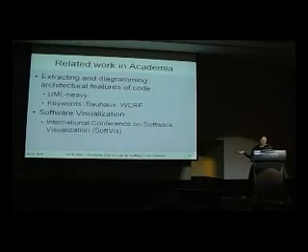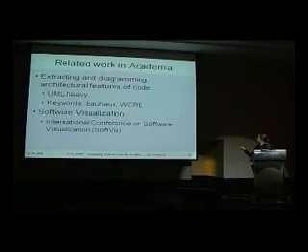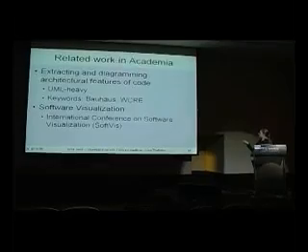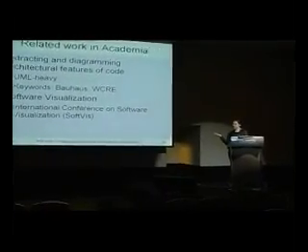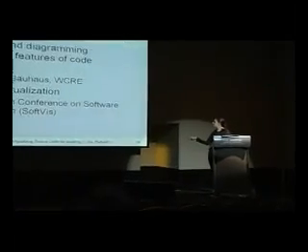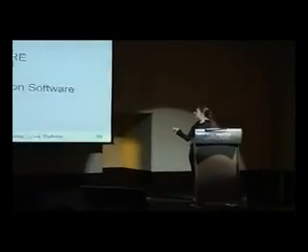And just to be complete, there's some related work in the academic world out there. They do a lot of software visualization, but it's very UML heavy, so they try to extract UML diagrams from source code and then display the UML diagrams.